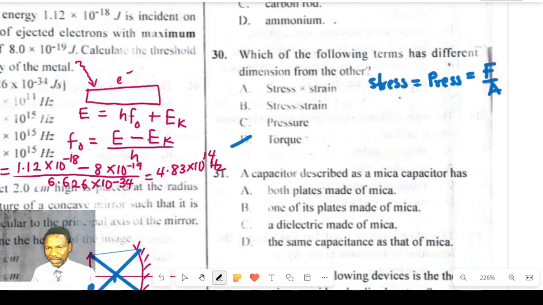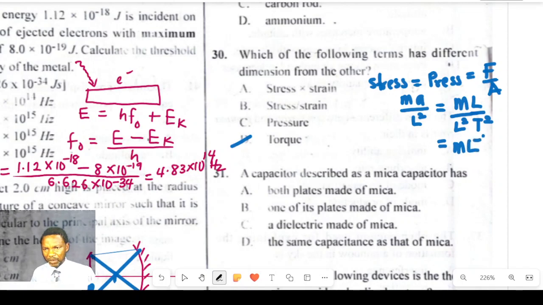Force is mass times acceleration, divided by area, L squared. The acceleration is length divided by time squared. Then we have under it L squared.